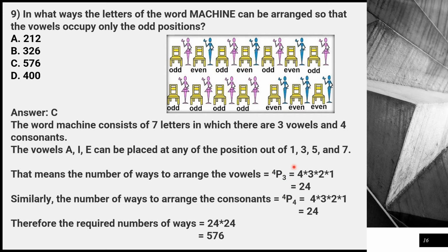Similarly, when odd positions are occupied by 3 vowels, the remaining 1 odd position and 3 even positions become 4 positions to fill consonants. There is no constraint for the consonants. So we can place 4P4, that gives 24. Multiplying both of the arrangements gives the total number of ways. So that gives 576. So the option is C.